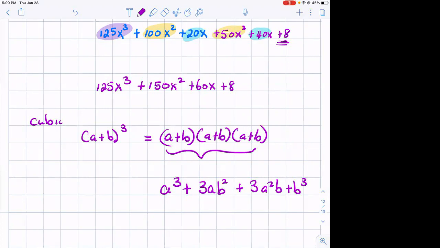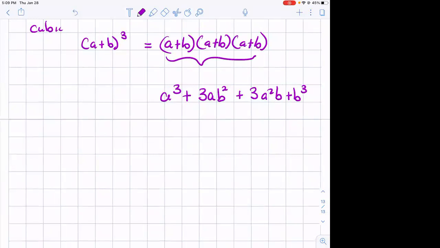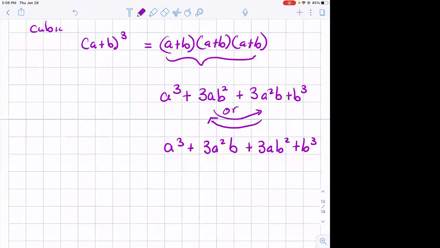So notice that there's a lot happening here. Now, another way of writing this, you could say a cubed plus 3a squared b plus 3ab squared plus b cubed. These two terms can interchange, it doesn't matter.